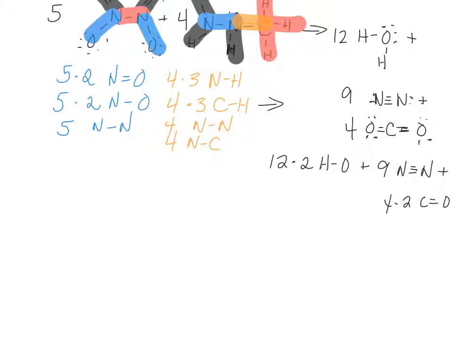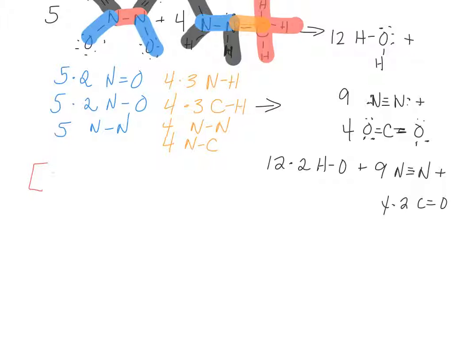Okay, so starting from the bottom up, we have 5 times 160, that's the NN bond, plus 10 times 201, which is the NO single bond, plus we have 10 times 607, which is the N-double-O bond.